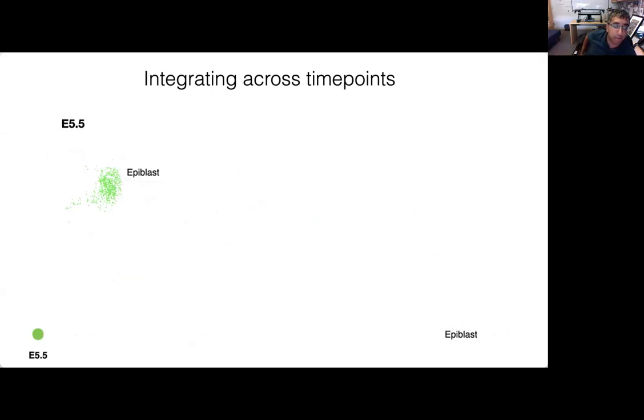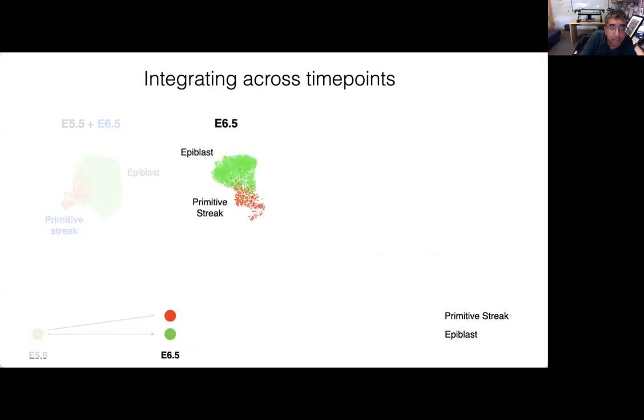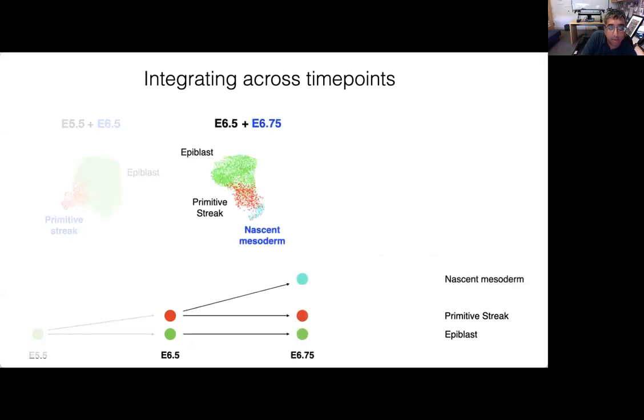Just to walk through an example in a little more detail, here we have E5.5 epiblast, and we co-embed that with E6.5 data. We can see a new cell type, the primitive streak, appearing, and so we can relate that to the epiblast as its likely origin. And then when we go just another 6 hours out and co-project E6.5 with E6.75, we see the appearance of the nascent mesoderm, and we can infer that the nascent mesoderm came from primitive streak rather than epiblast.